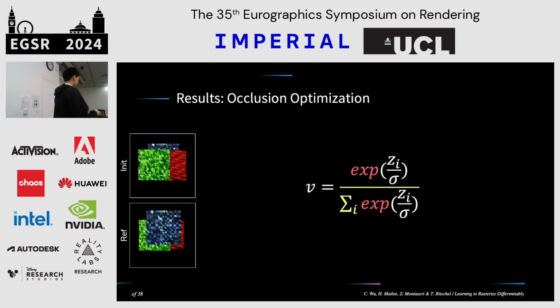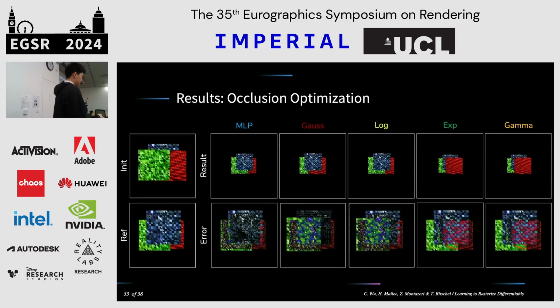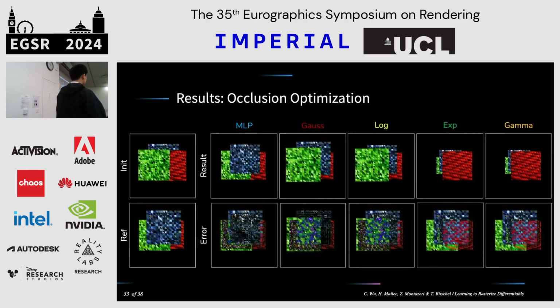But essentially, it's applying an exponential function on each depth and normalizing them. So similarly, we can replace the exponential with other CDFs or the MLP to soften the depths. And in this task, we will see only using MLP can get a correct order relationship between these faces.